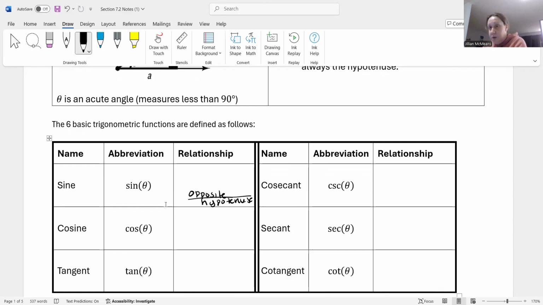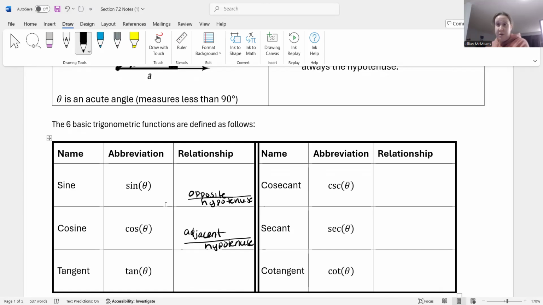Now, when we're dealing with cosine, we abbreviate it just cos, and then in parentheses our argument theta. And so we're saying when we find cosine of this angle, we're going to get out a ratio of sides. And the ratio of sides is going to be adjacent over the hypotenuse. Okay, again, I'm very sorry it's messy.